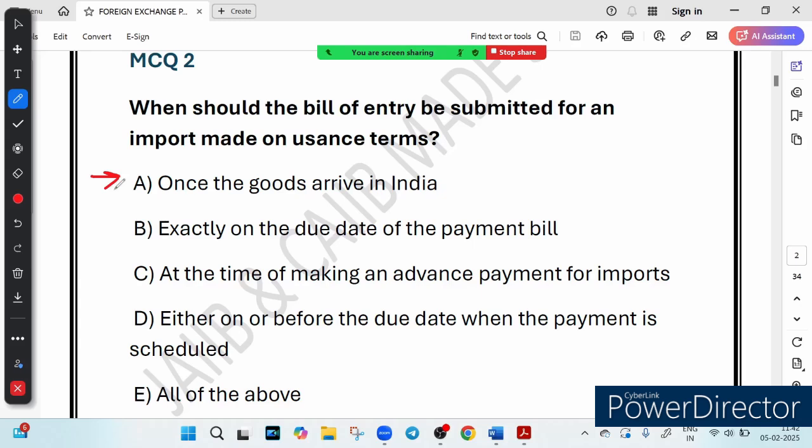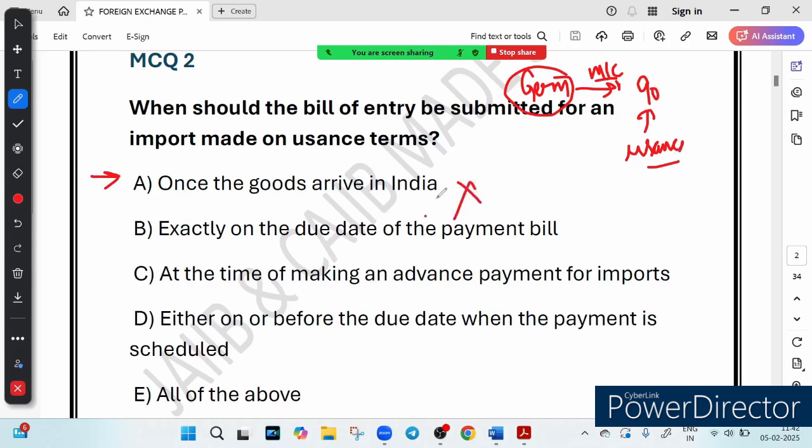For example, a company imports machinery from Germany and the shipment arrives in India, but the payment is due after 90 days, which is the usance term. So the bill of entry is usually required when making the payment, not just when the goods land. So when the goods arrive in India, this is incorrect because submission is linked to the payment due date, not just arrival.